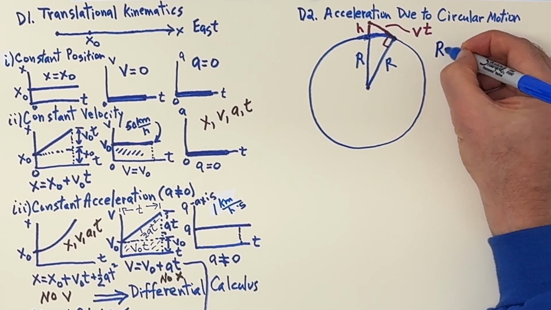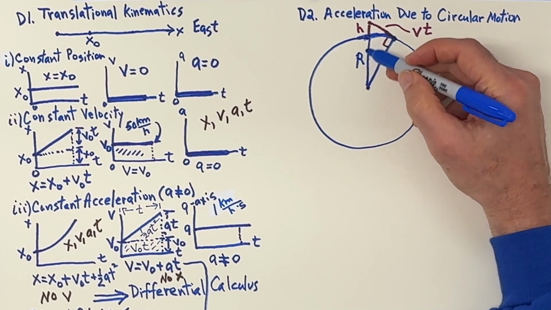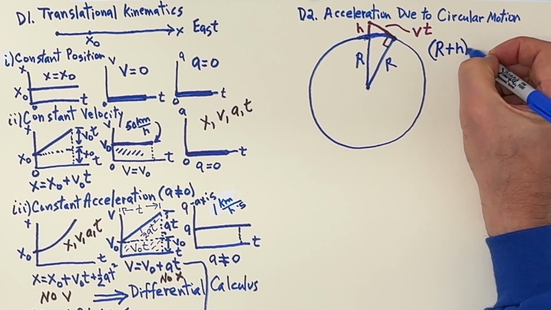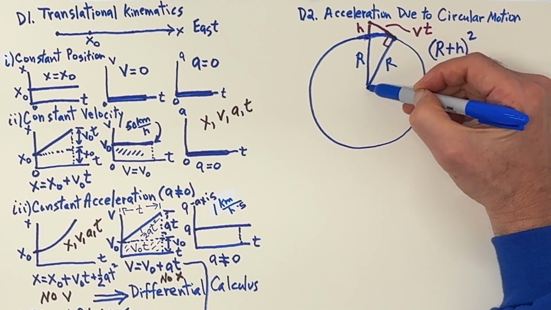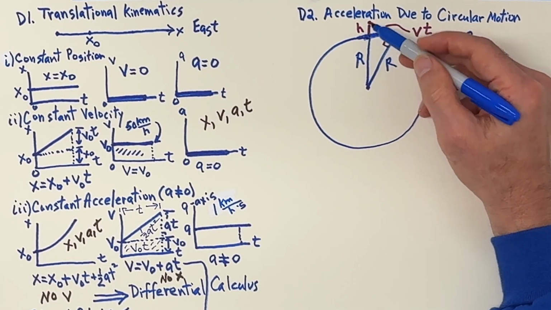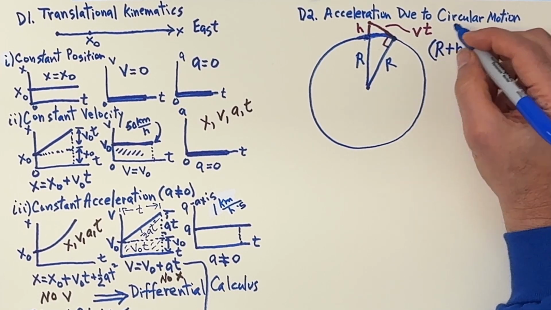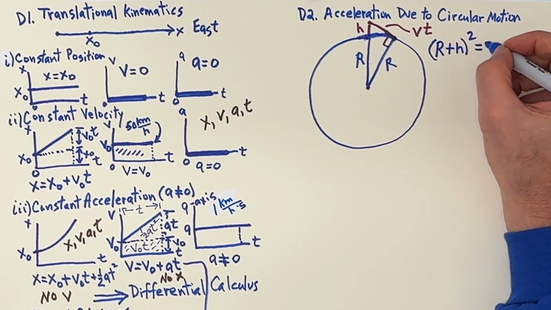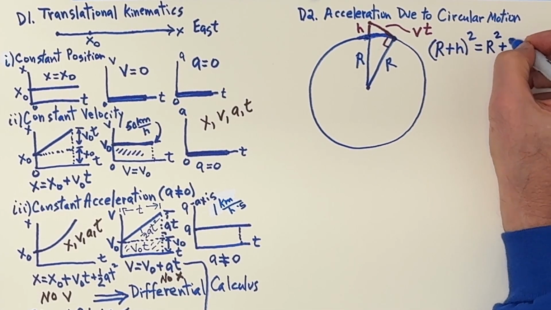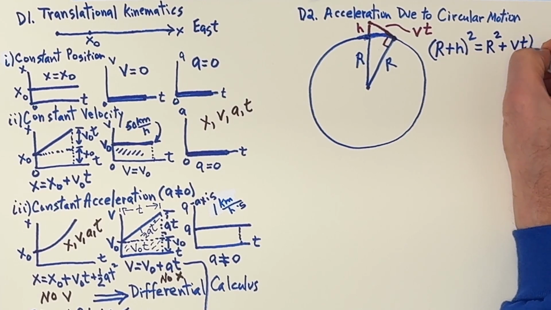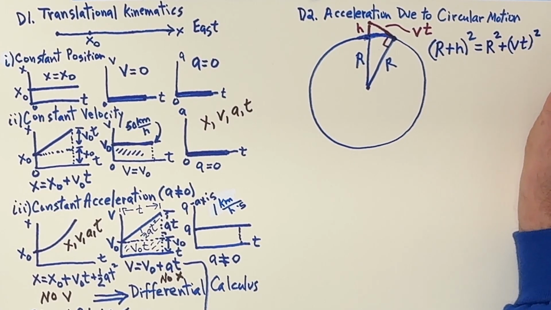We take R plus H, and if we square that, we have here a right triangle. So by squaring this hypotenuse, we're going to get the square of each side added together. So that's going to be R squared plus VT squared.